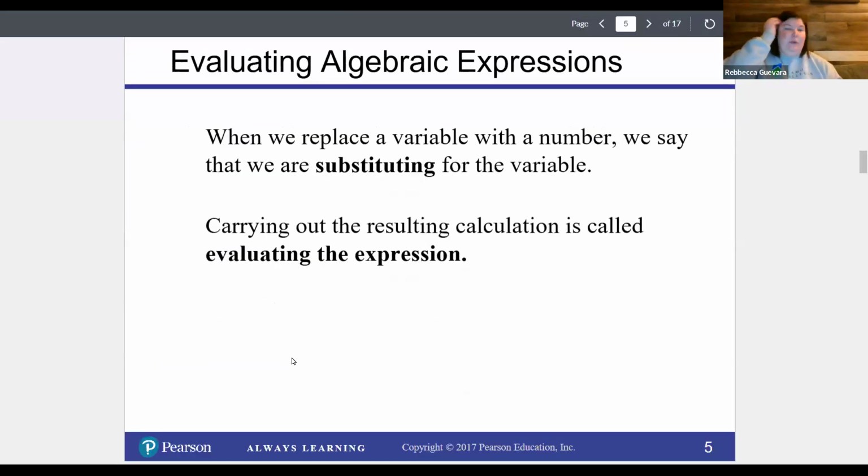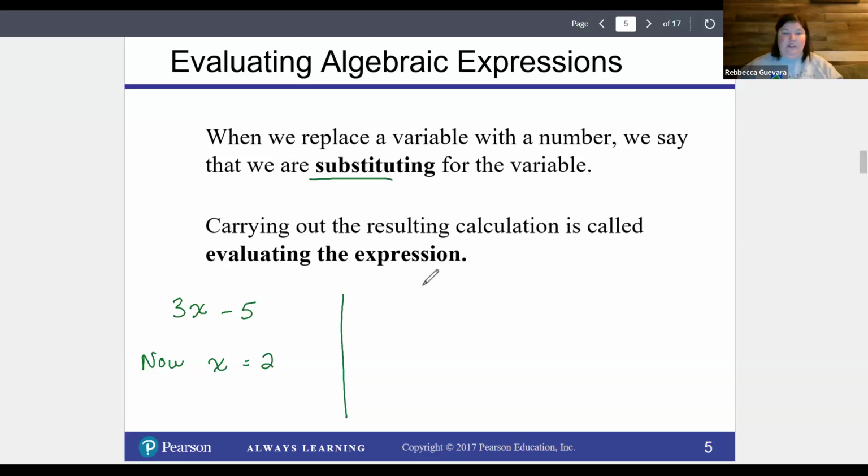When we replace a variable with a number, we say we are substituting for the variable. Carrying out the resulting calculation is called evaluating the expression. So let's say I had 3x minus 5, and I said x is now 2.